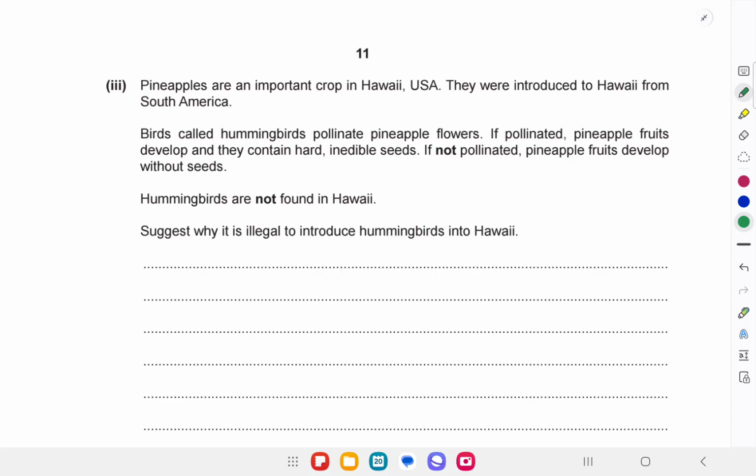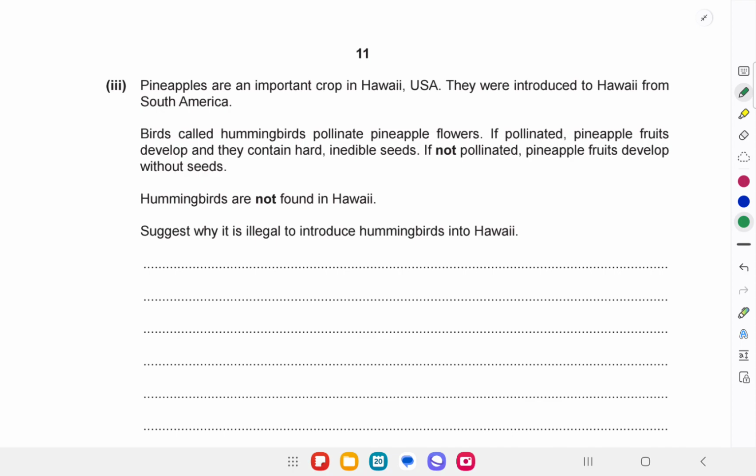Okay. So obviously if the hummingbird is helping to pollinate the flowers, then in this case sexual reproduction would take place, and if sexual reproduction takes place, this would lead to seed formation.